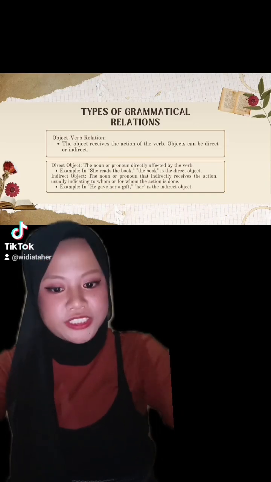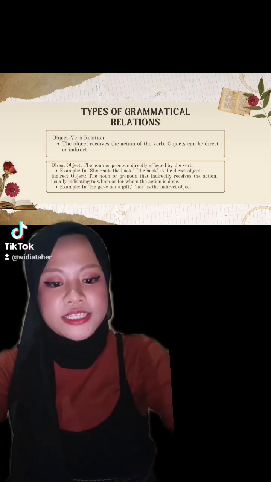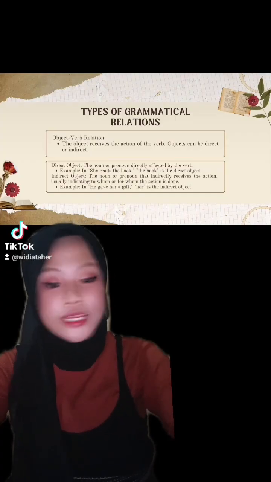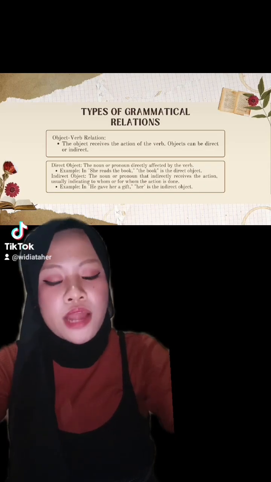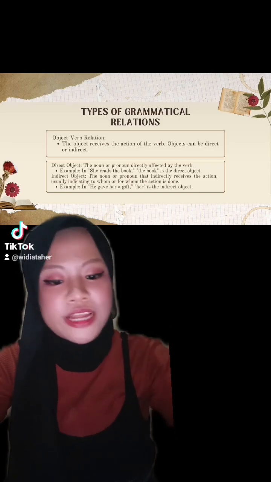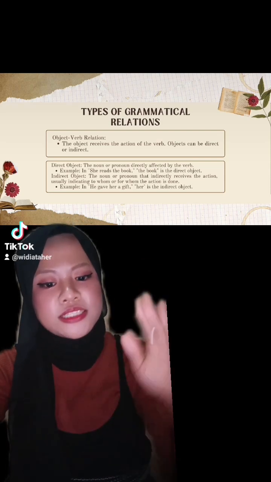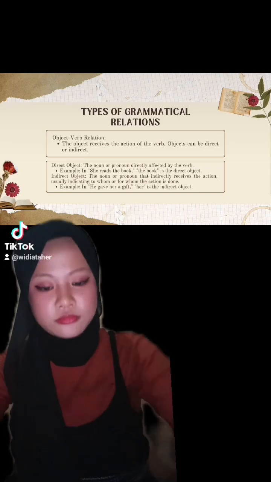object-verb relations. The object specifies the action of the verb. Objects can be direct or indirect. Direct object: the noun or pronoun directly affected by the verb. Example, in "she reads the book," the book is the direct object.